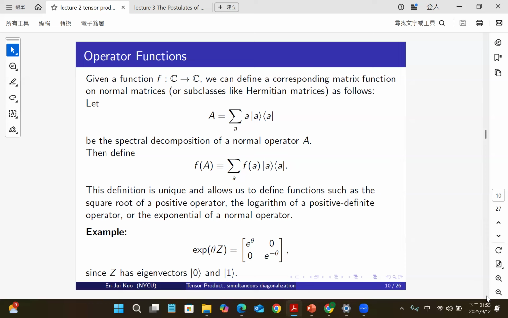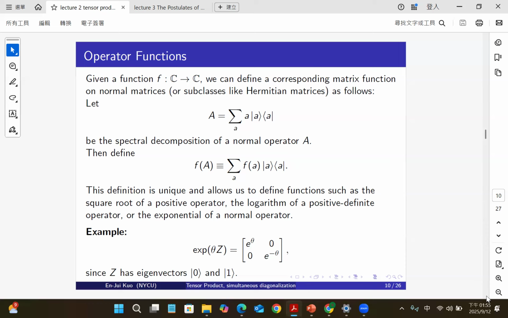Let me quickly recall what you learned in linear algebra. Actually, this definition is very natural, because if you write f in terms of a polynomial, then f of A is exactly the same as this definition.